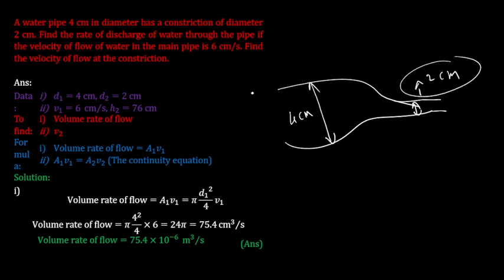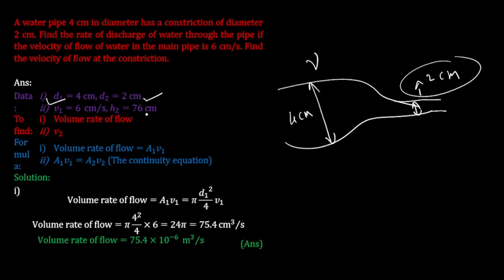So the velocity of water flow in the main pipe is 6 centimeter per second. The diameter of the main pipe is 4 centimeter and the diameter at the constriction is 2 centimeter.